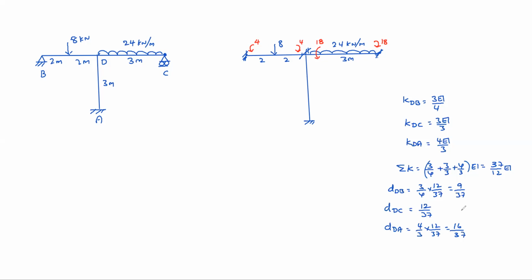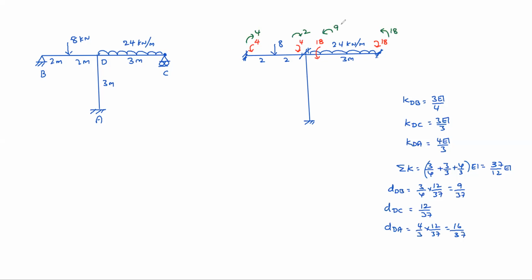Now, first we need to release at B and C. So first you release at B. By releasing at B, anti-clockwise is there, so clockwise 4 you apply. Because of that, clockwise 2 you will get here. Similarly, release at C, clockwise 18 is there, anti-clockwise 18 you apply. So anti-clockwise 9 you will get.